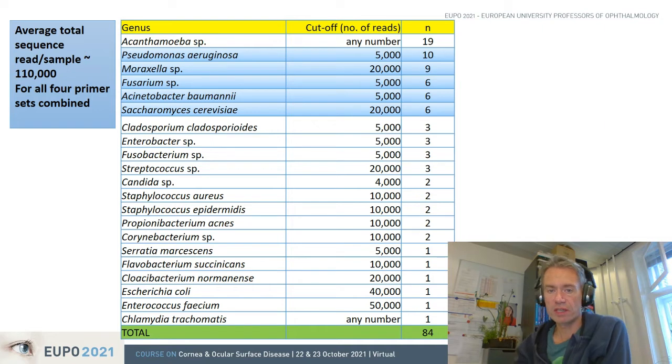So we took a quite conservative approach to identifying these. But you can see that we actually found something that could explain the infectious keratitis in 84 of the 200 samples. So that was quite a lot.